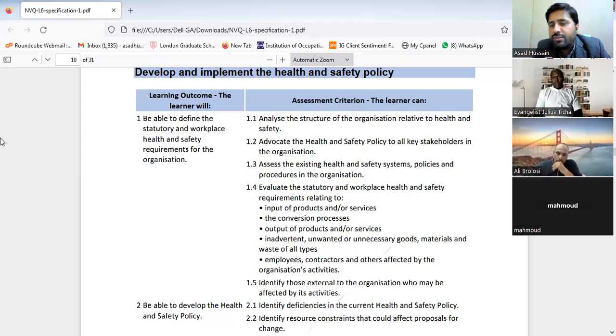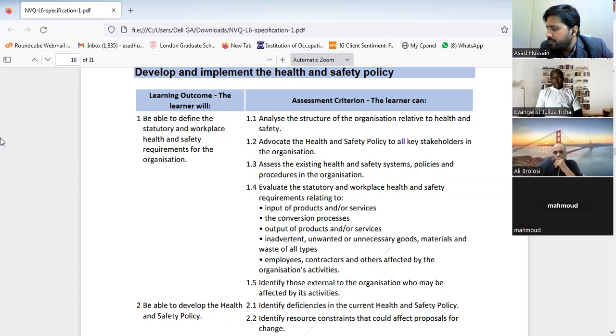So you have to identify those external to your organization. For that purpose, you just have to evidence that we have performed a risk assessment, and these are the persons who can be affected: these are the internal employees, and these are the external ones.